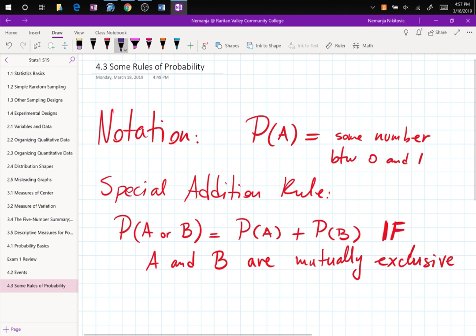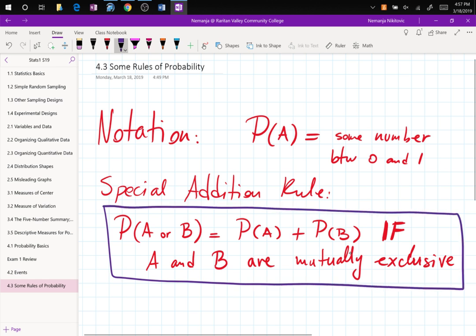I have to box this together, because if the events are not mutually exclusive, you get to do the little subtraction piece.